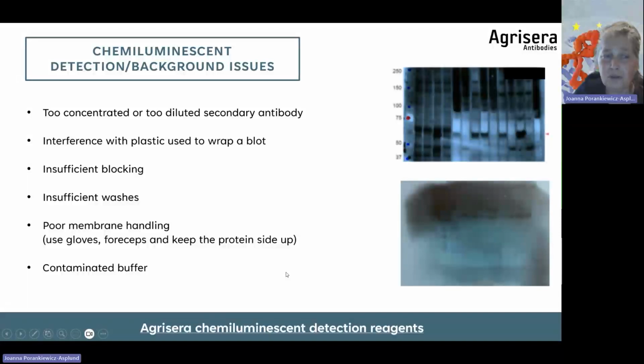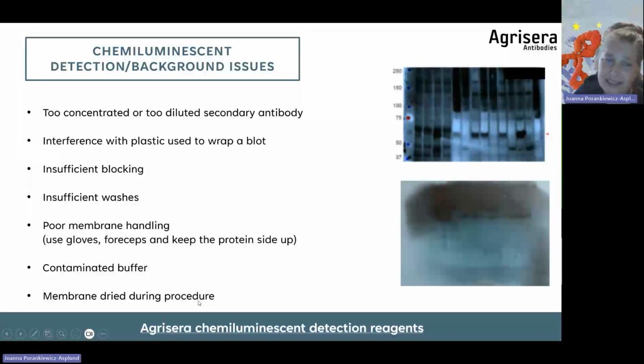And also, of course, contaminated buffers can contribute to the background. So as you see here, you need to work according to GLP, good laboratory practices. So clean and with a good standard for your reagents and equipment.